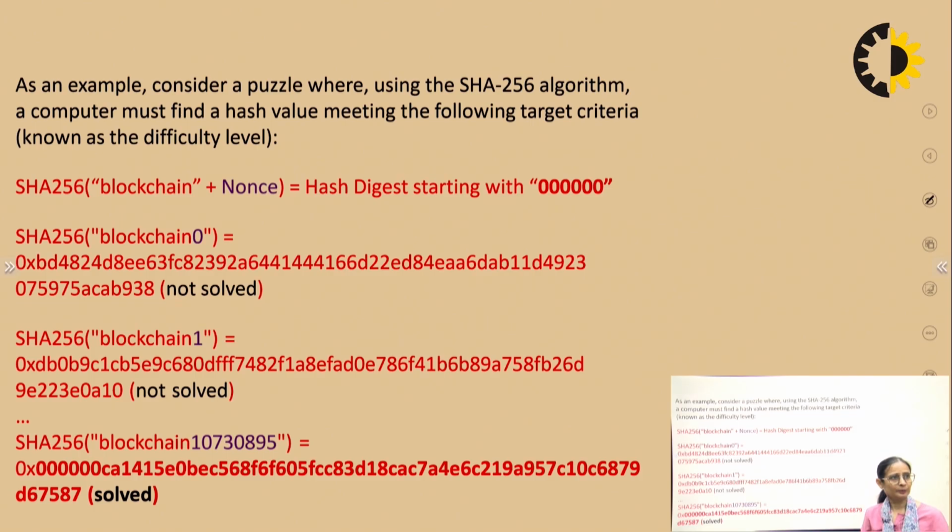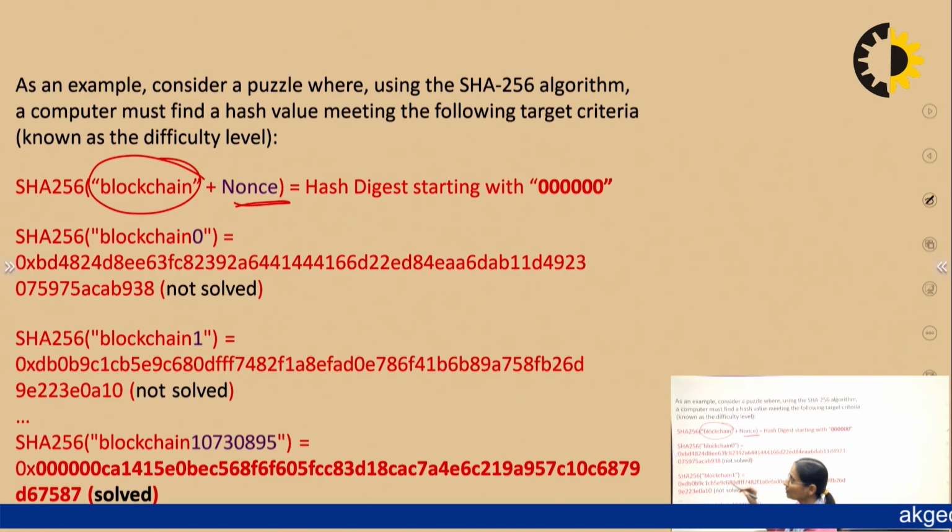As an example, consider a puzzle where we are using the SHA-256 algorithm, and the computer must find a hash value meeting the following target. Let's suppose this is our information present in the block header, and we have a nonce. What we are manipulating here is this nonce value. We combine these two things, run SHA-256 on this, and get an answer.